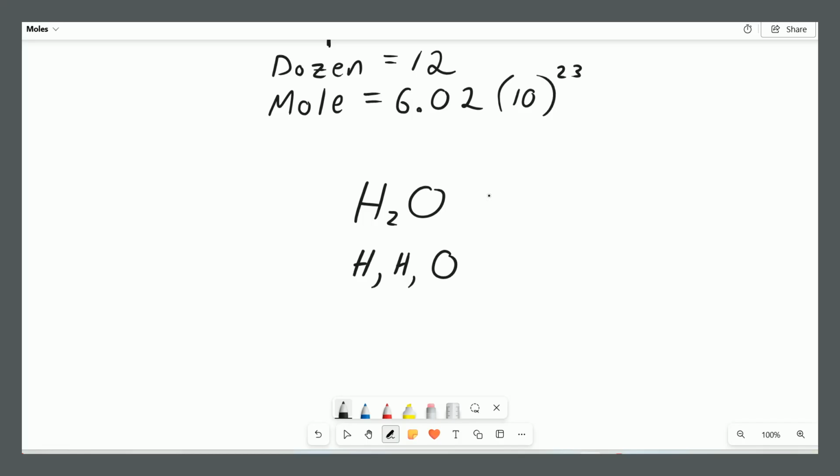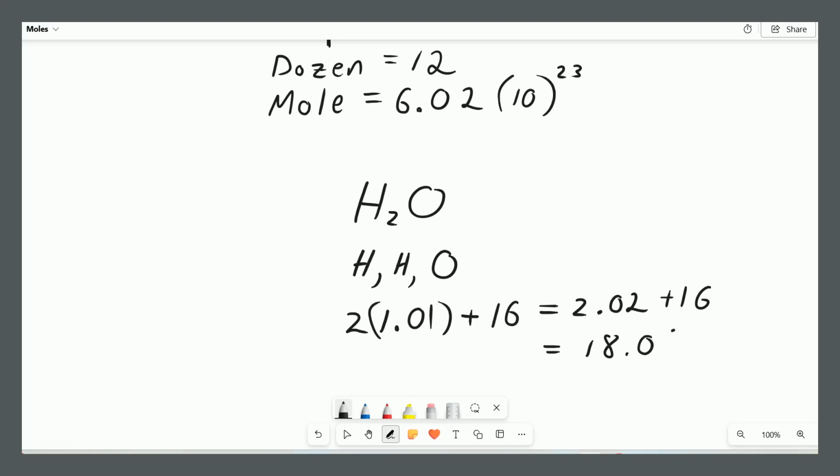Well, we have the atomic mass of hydrogen, which is 1.01, but we have 2 of those hydrogens, plus the atomic mass of oxygen, which is 16. So in total, we have 2.02 plus 16, which gives us 18.02.